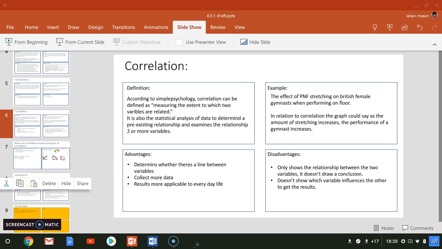For example, things other than stretching, such as conditioning, could also improve their performance when competing because their overall fitness will be better.